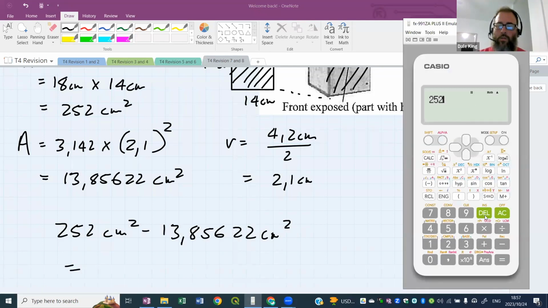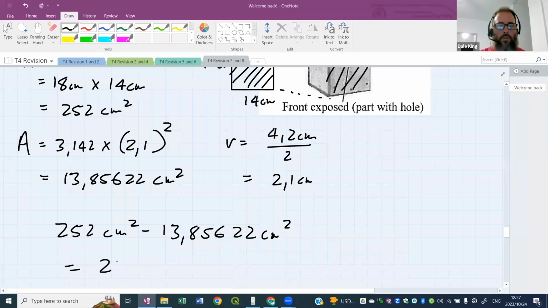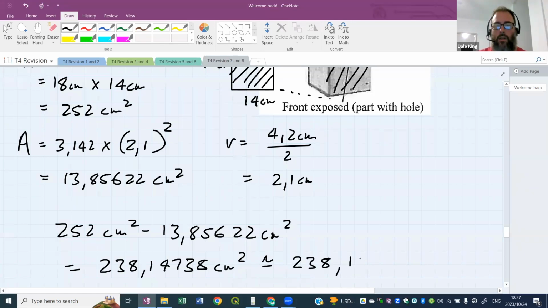So 252 minus 13.85622 gives 238.14378 centimeters squared. Rounded off is 238.14 centimeters squared. Well done.